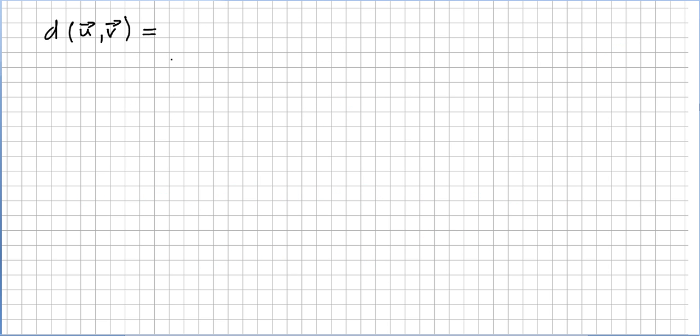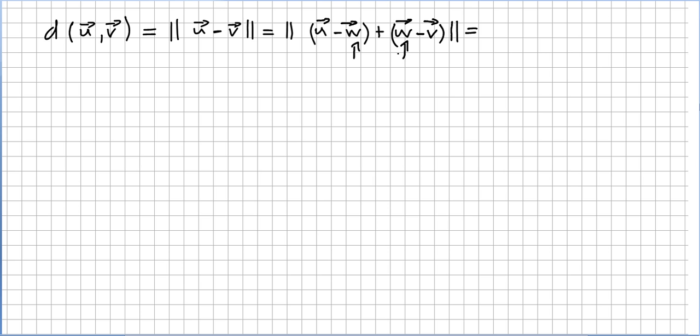For the third property, I'm not going to get into details, I'm just going to check the equality. So what is the distance between u and v? Well, that's the definition of distance, the norm of u minus v. But in u minus v, I can add and subtract w, right?